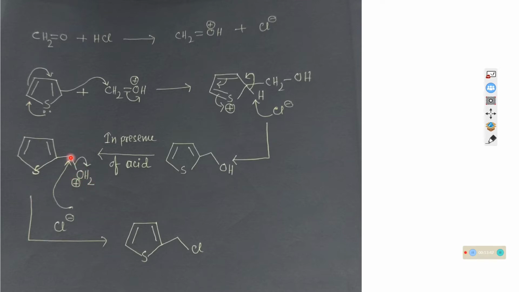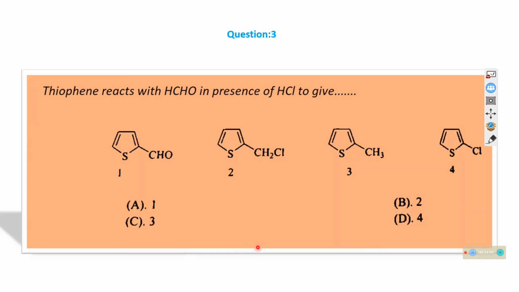This position is somewhat like a benzyl position, or you can say benzylic position, and it is prone towards SN2 type reactions. So finally we get this product, CH2Cl at the 2 position of thiophene. So the correct option is option 2.